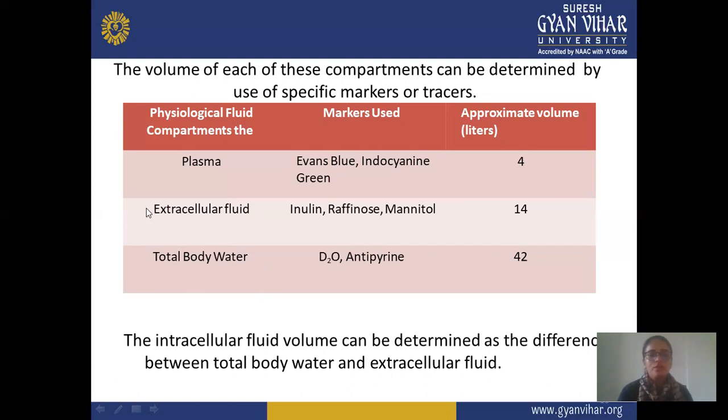That's why, if you calculate extracellular fluid and total body water, there is no need to calculate intracellular fluid individually. Just subtract extracellular fluid from total body water, and you get the value of intracellular fluid.